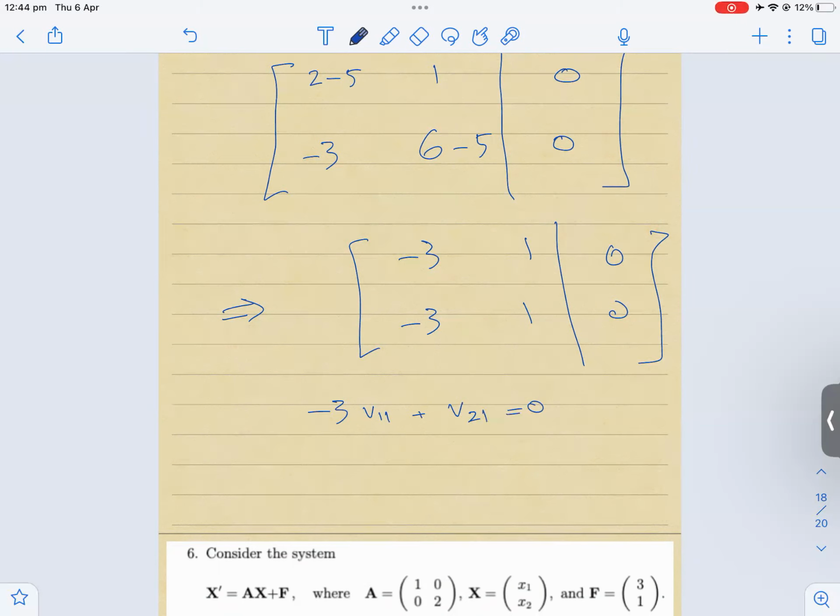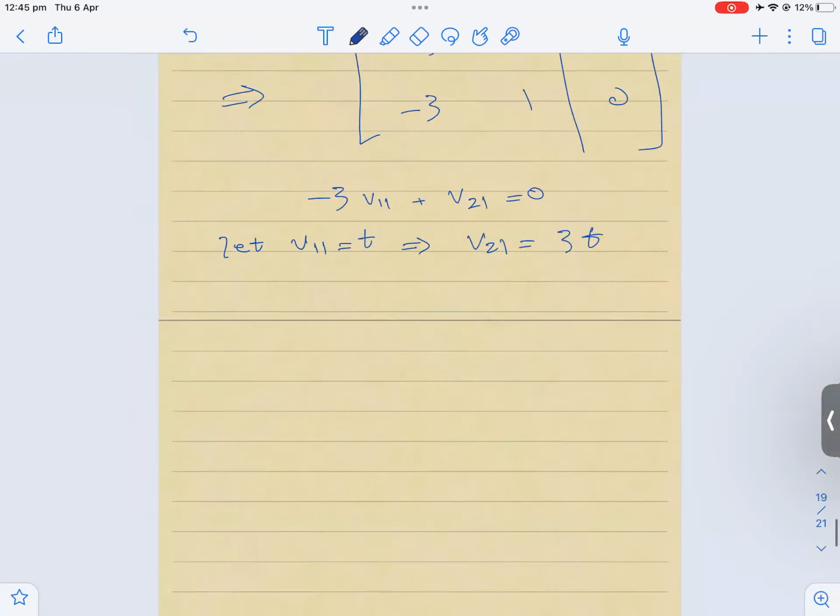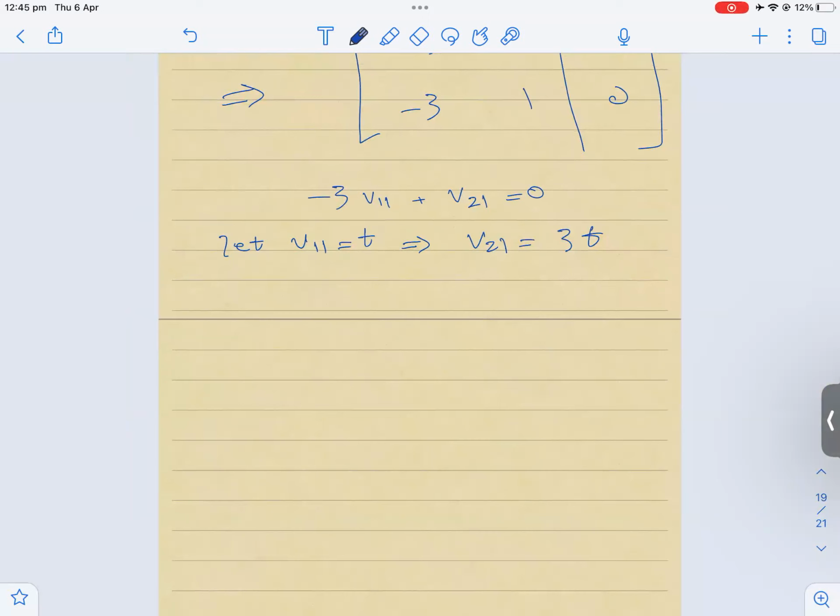Let v1 1 be t, then v2 1 is 3 times t. So v1 will be any multiple of 1 and 3.